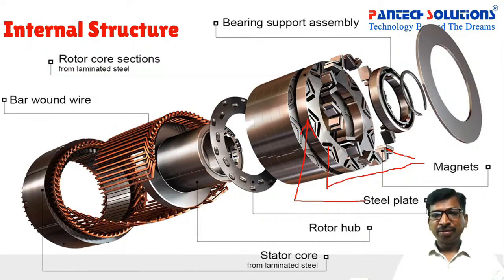See here, these are small-dimension magnets, some pieces of magnets. So based on our target applications, we can classify the PMSM into a variety of types, based on the rotor position and rotor construction. Let us see one by one.